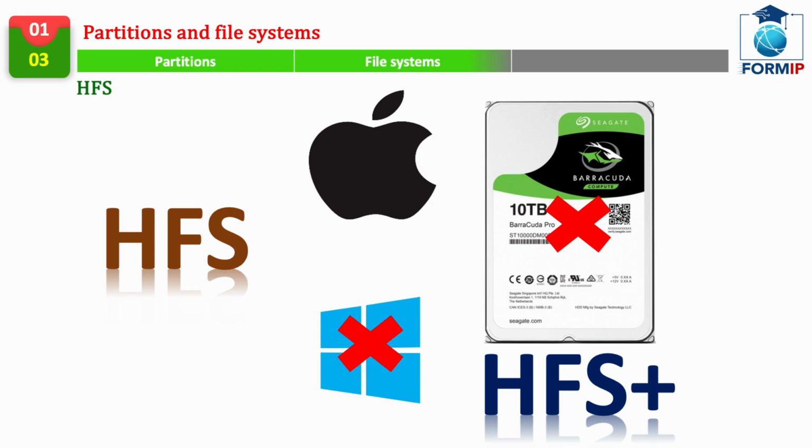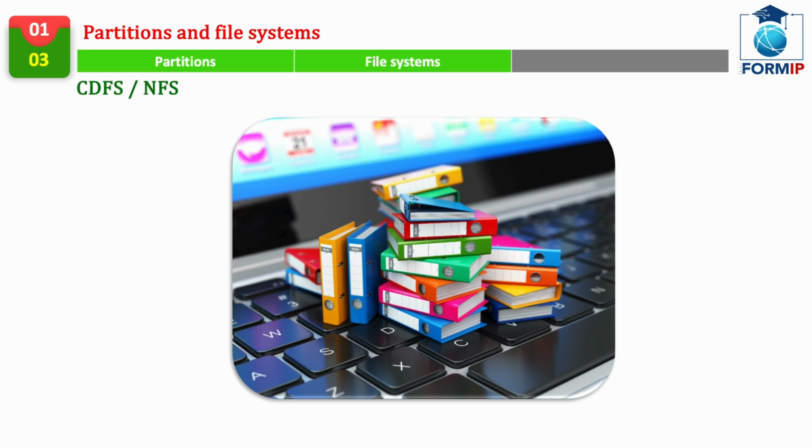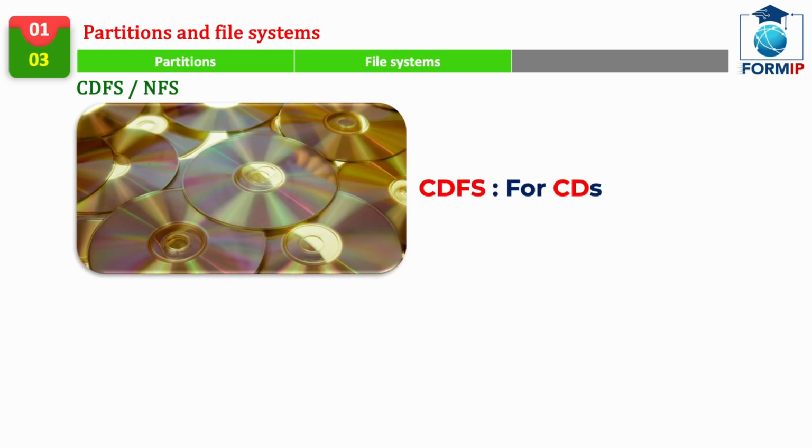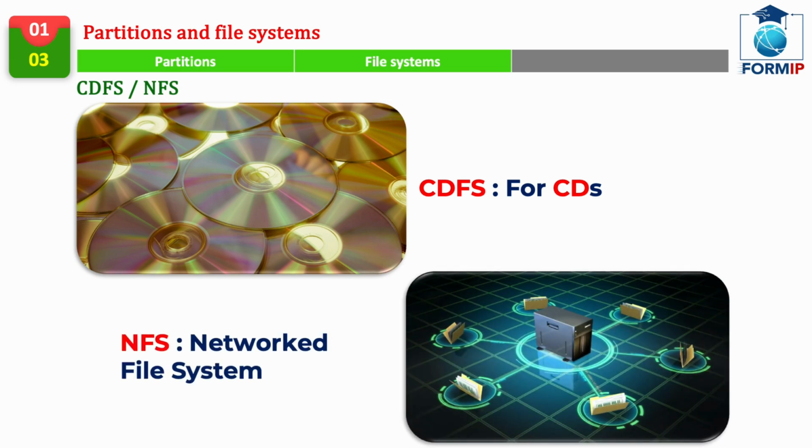The last two types of files, which have nothing to do with operating systems, are CDFS, Compact Disk File System, and NFS, Network File System. CDFS is the dedicated file system for compact disks, i.e., it is mainly used to store data on CDs.